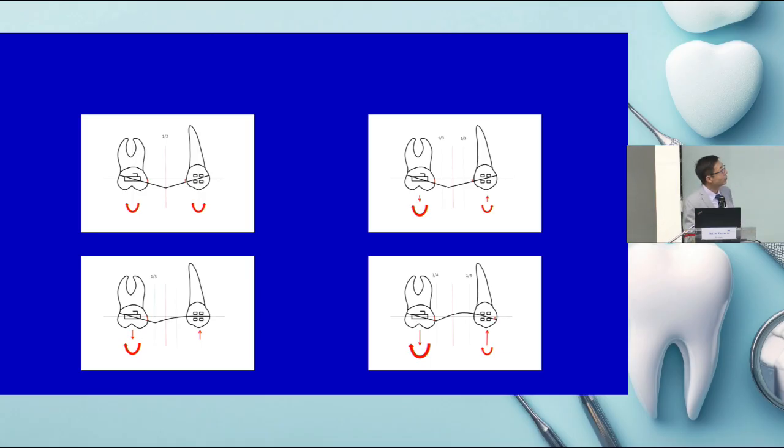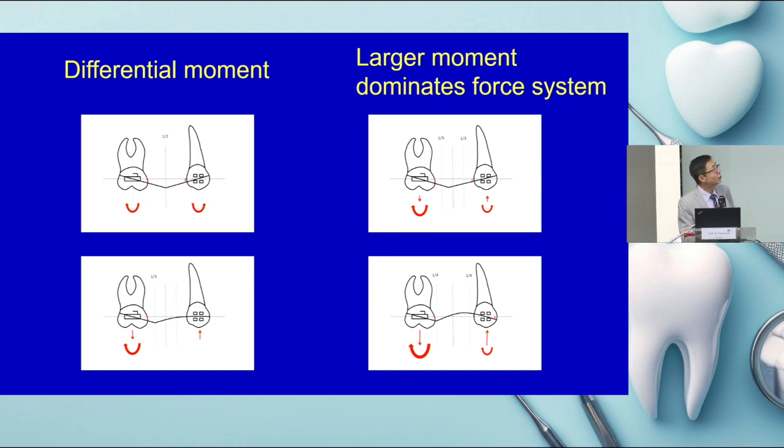So I call this, when we use the same angle of V-bend but in a different location between two neighboring teeth, the moment will be different. I call this differential moment. And the larger moment dominates the force system, dominates the direction of the two-teeth system. I call it the dominant moment, like this one, right?